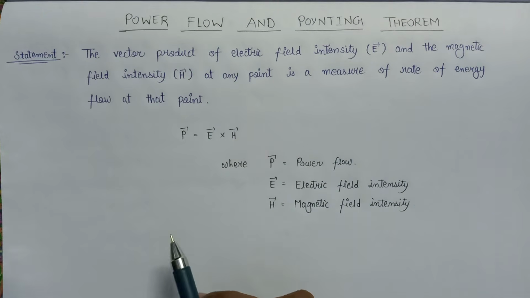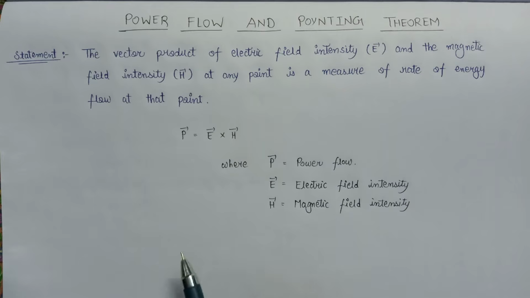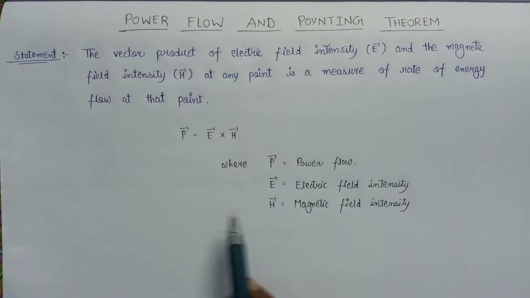The direction of this energy flow from the source to the receiver is in the direction of E cross H, which is perpendicular to both E and H. So this is all about the basic introduction to the Poynting theorem.